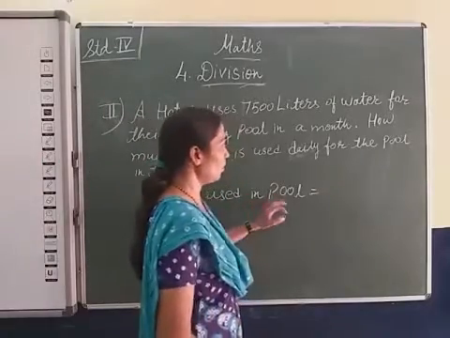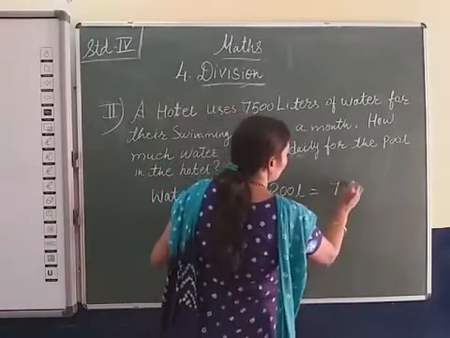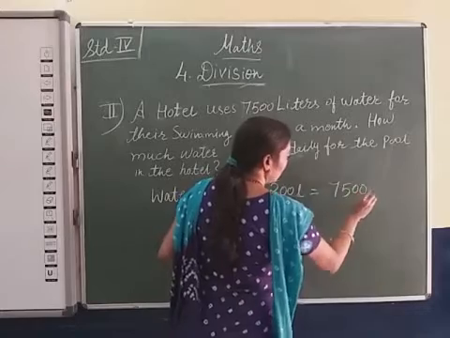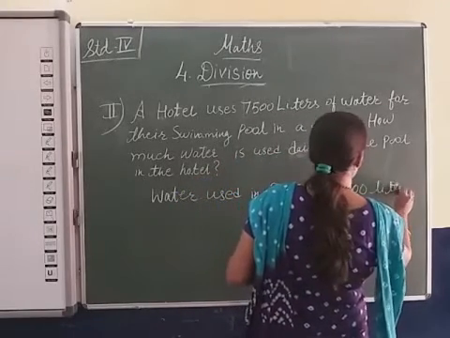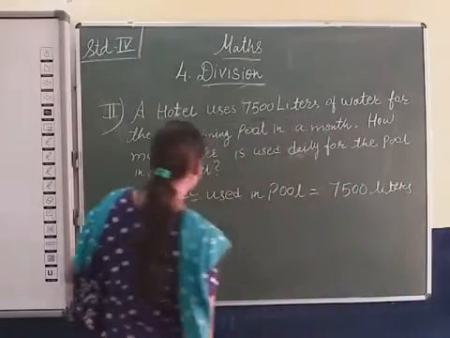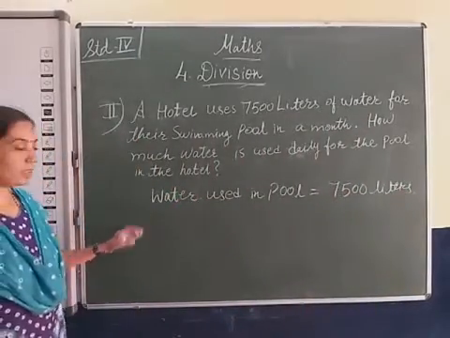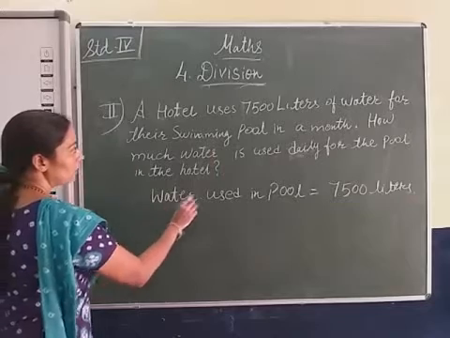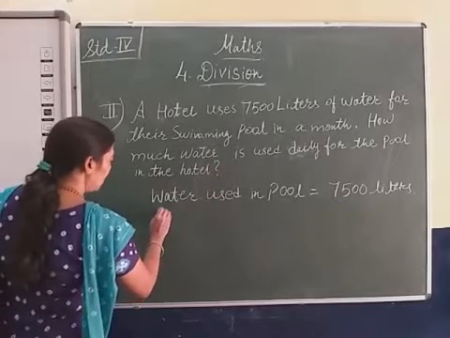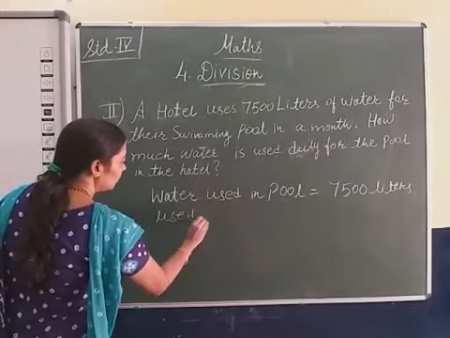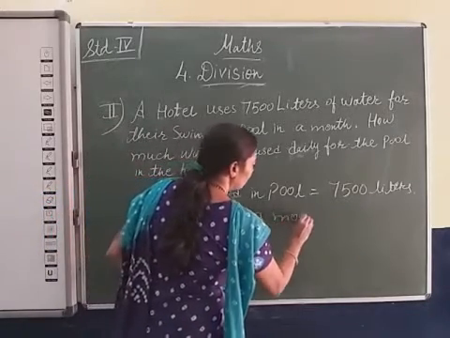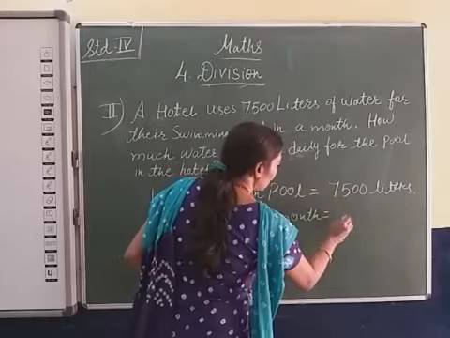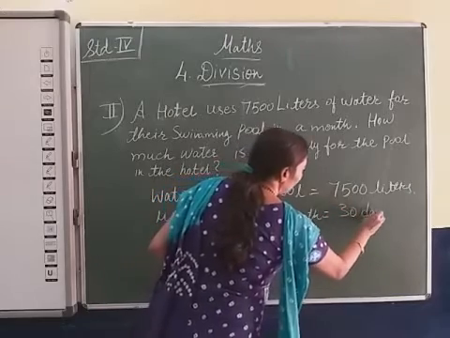Water used in pool: 7,500 liters. And the second information given here is that it is used for a month, that means 30 days.